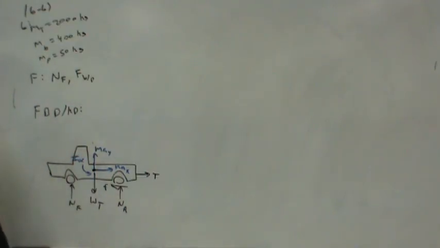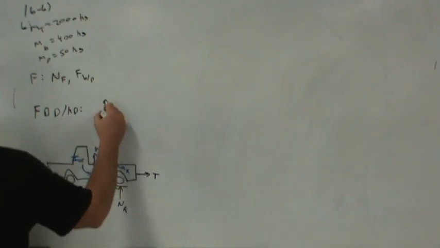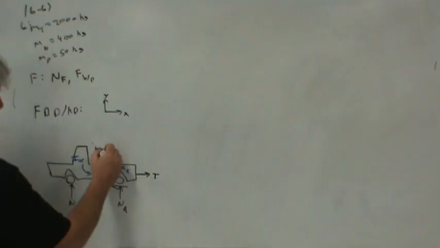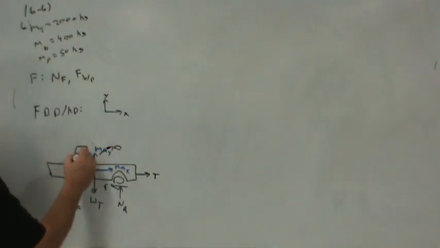We set up our typical xy coordinate system. However, you know that the truck does not accelerate in the y direction, and it does not accelerate angularly. So we're going to just cross off the dynamic force and that dynamic moment. And then from that, we can start to analyze it.